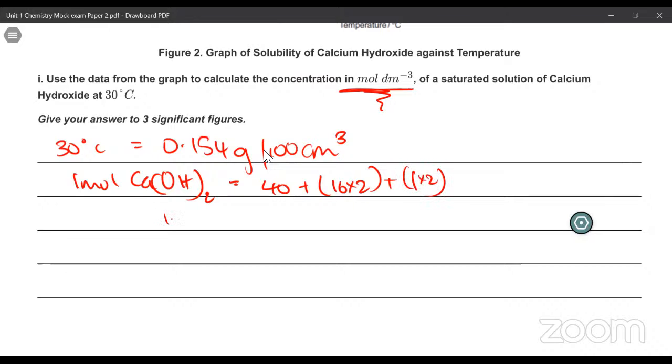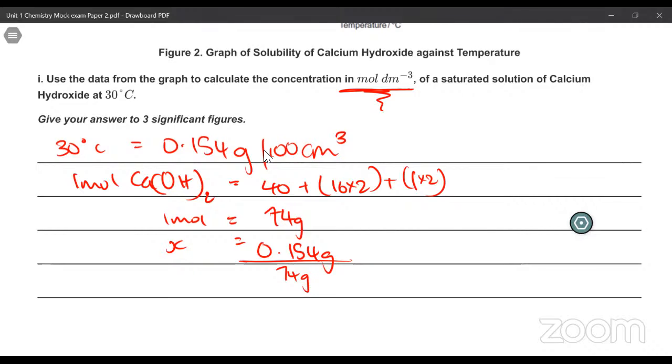And so you get 1 mole of that being equal to 74 grams, right? And X would be equal to 0.154 grams. That's what we want to find. Remember that. So cross multiplication occurs, we'll end up dividing 0.154 grams by 74 grams.